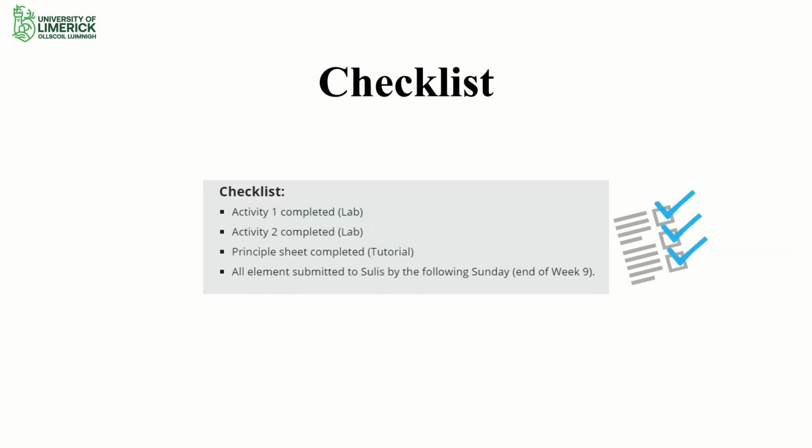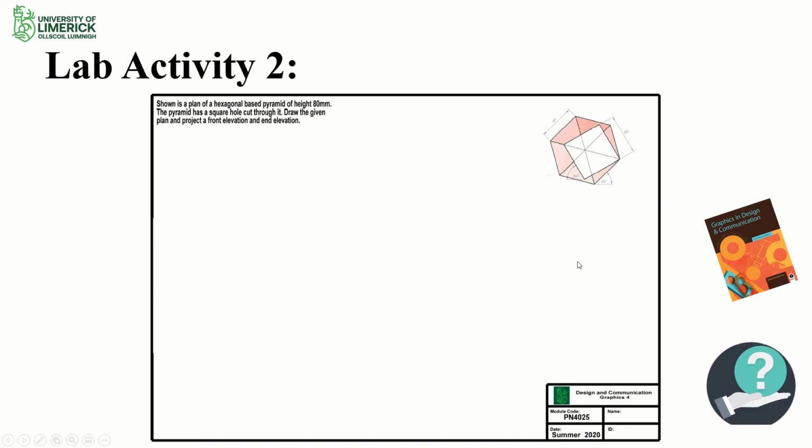After that, just ensure that you travel through your checklist for this week. As you can see here, you have your first lab activity and your second lab activity. We actually don't have a tutorial principle sheet for this week. Use that tutorial slot to look at your activities and ensure they're right. Maybe travel back to some of the previously covered topics, and even link some of those principles that might be at play with these two drawings.